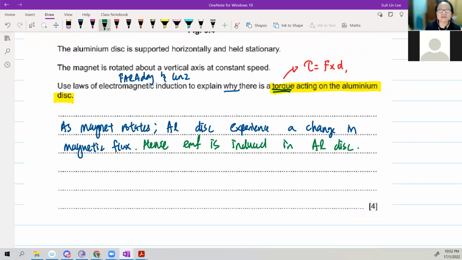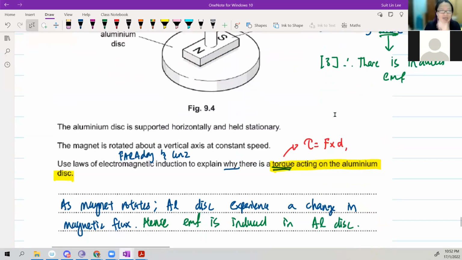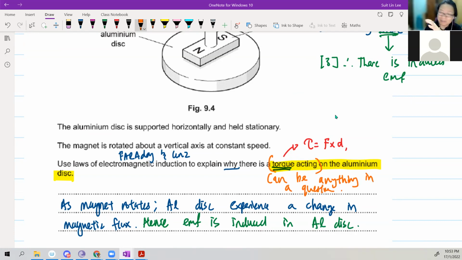Moving on. Now I need to think of this part here, like torque acting on the aluminum disc, can be anything in a question. Meaning the outcome can be very different.